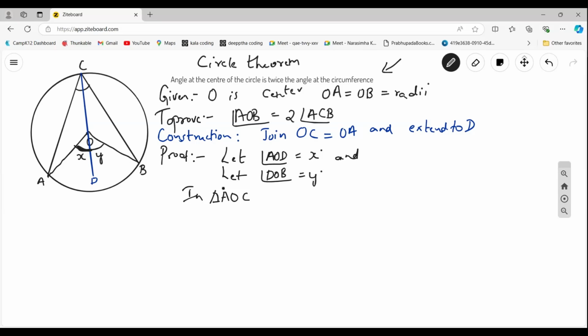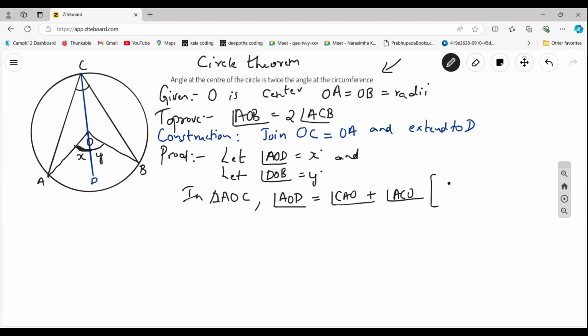So this angle AOD is an exterior angle. Angle AOD is equal to angle CAO plus angle ACO. Correct?